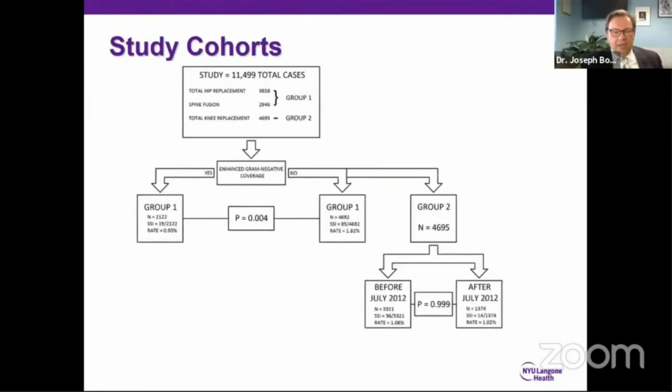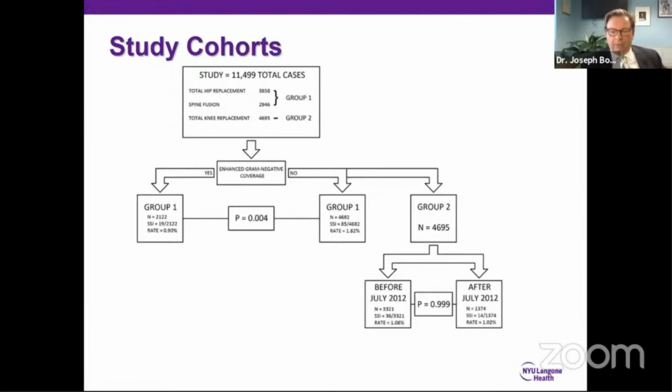And this is our study. We had over 11,000 patients. We had hip replacement, spine fusion, and knee replacement. The hips and spines were group 1. Group 2 were the knees. And what we found with this protocol was enhanced gram-negative coverage for the hips and the spine, and our infection rate decreased in the hips and spine, which was very important.